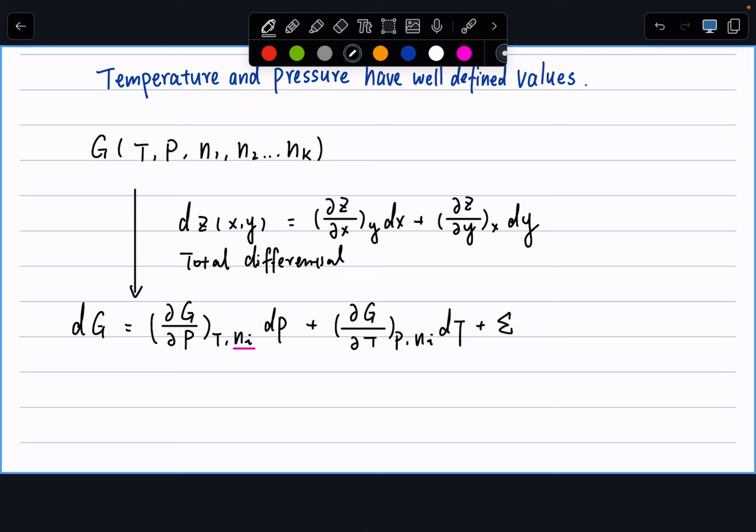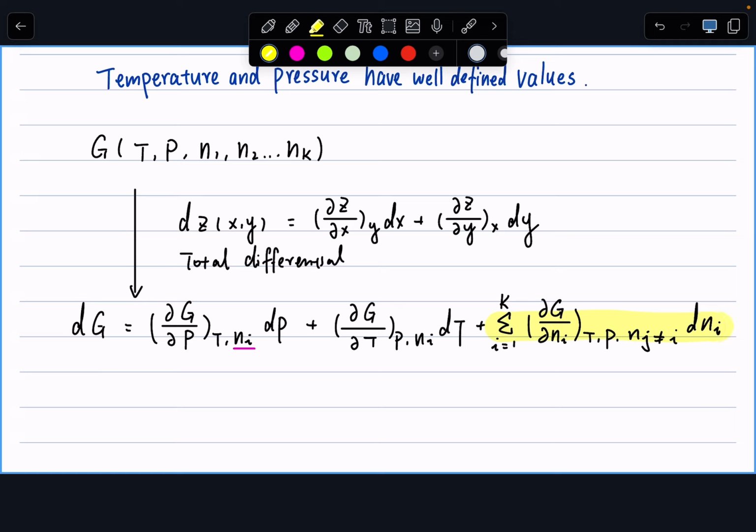So the way we write it is the sum of i equals 1 all the way to K, of the partial derivative of G over the number of moles of species i at constant T, P, and number of moles of other substances, times dNi.